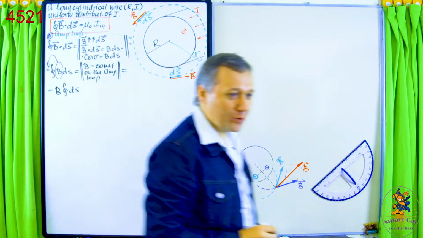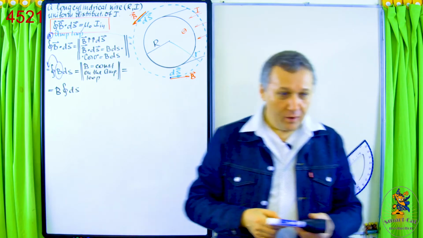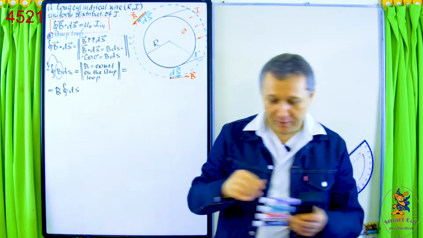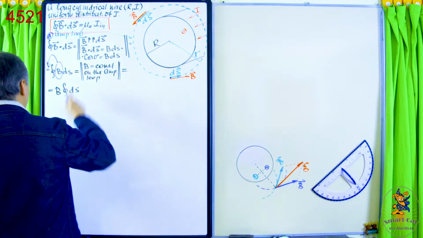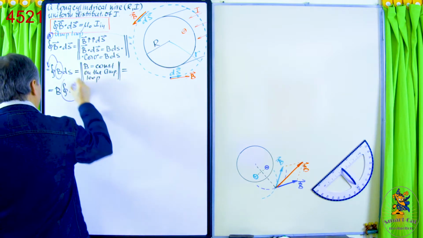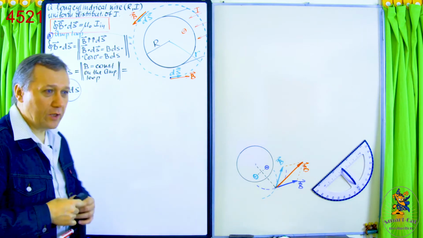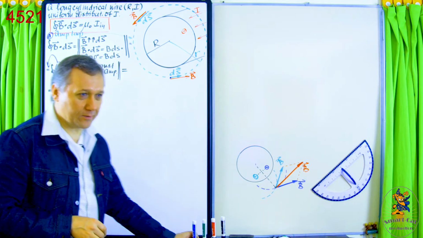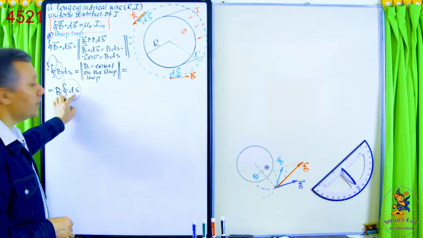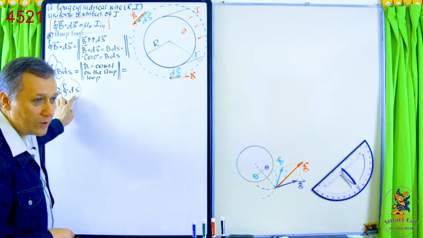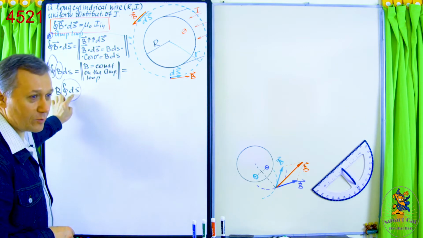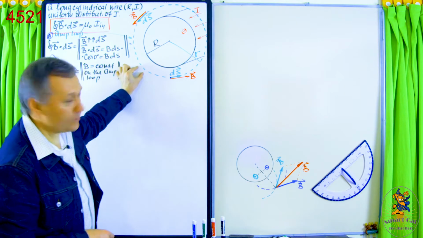integral over the closed loop ds. And now, you should be able to tell me the answer. What's the value of this integral? In order to do that, you just need to understand the meaning of this integral. You just keep adding these small ds's over the amperian loop.